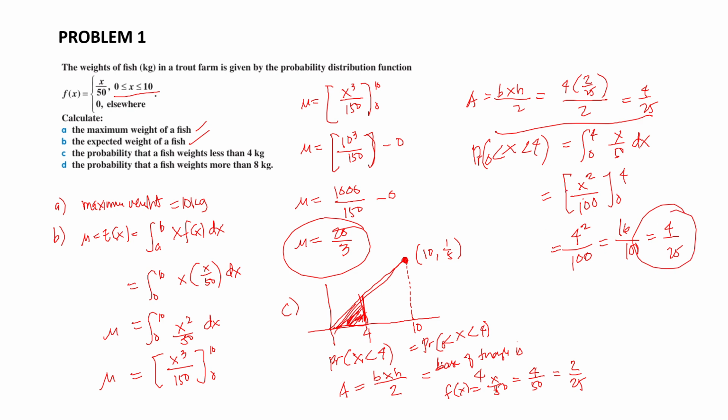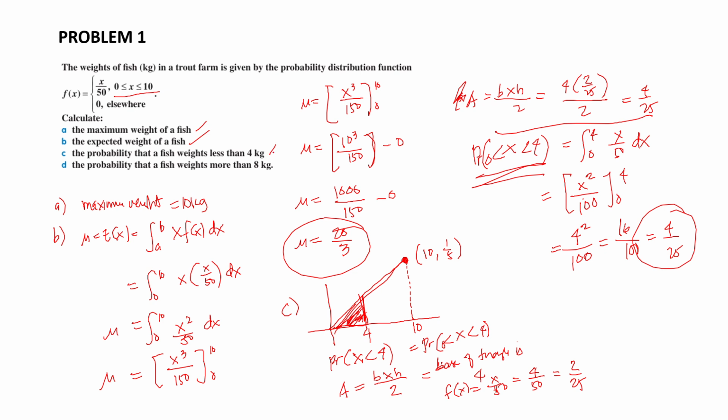So that's the concept when you use geometry and the integration process. That's it for letter C, the probability that a fish weighs less than 4 kilograms.